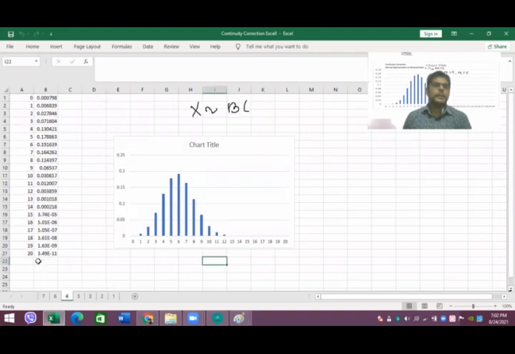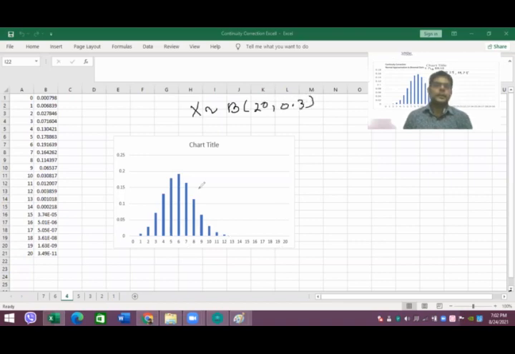This is for 20. So in this case its parametric value is going to be n is 20, and the probability value I have taken was 0.3.